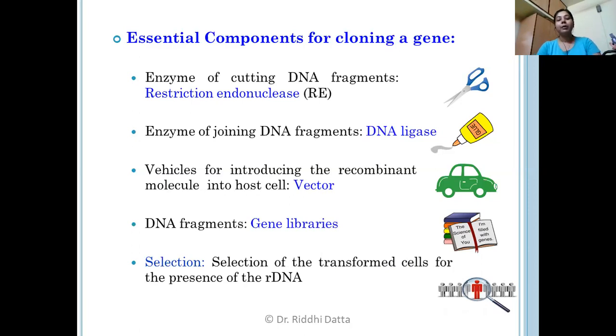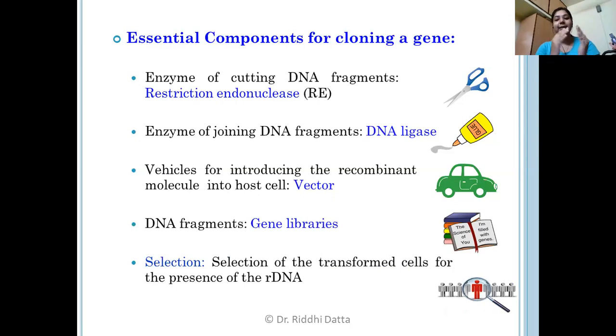The fourth important tool is the gene library. The gene libraries are the repositories where we have all the genes of the organism present, from where we can select which gene of interest we have to take. And the fifth and final one is a strategy so that we can select which of the transformed host cells actually harbor our recombinant DNA.